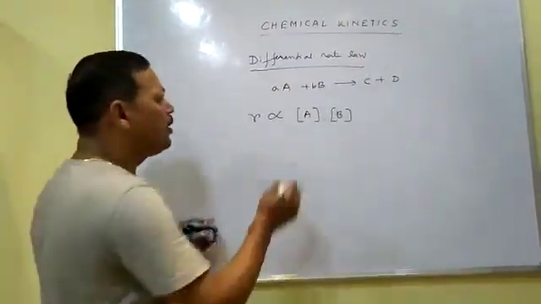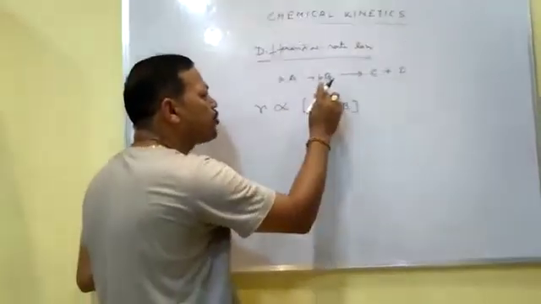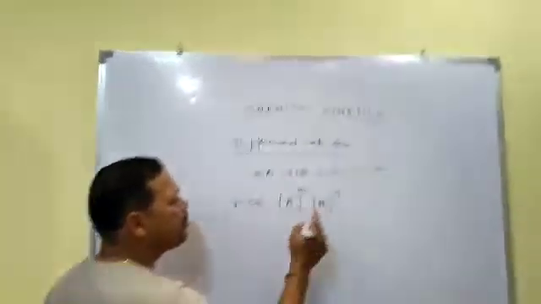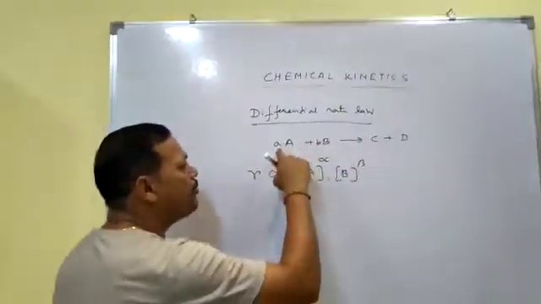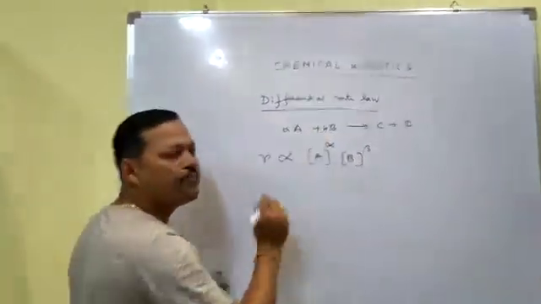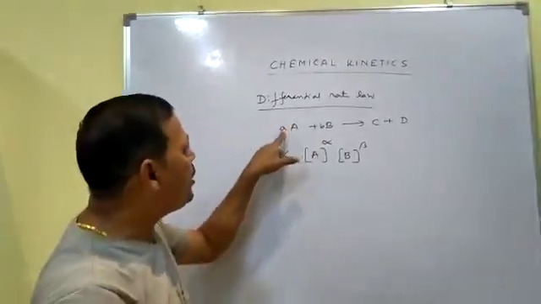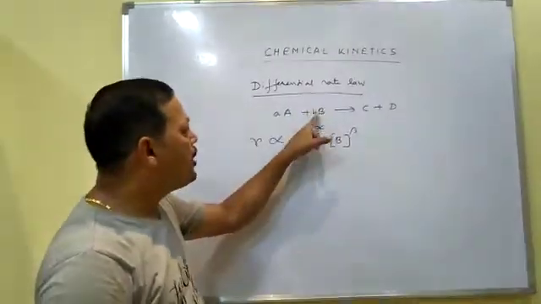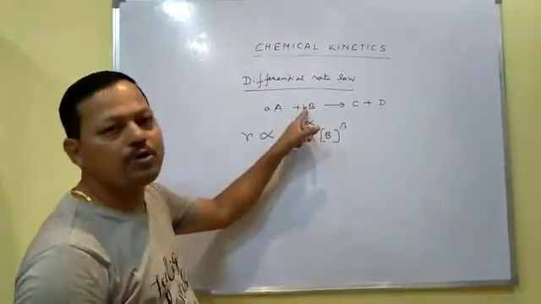When you write the power, don't write a, you write alpha, and here you write beta. This alpha and beta may or may not be equal to a and b. Alpha may be equal to a, or it may not. Beta may be equal to b, or it may not be equal to small b.